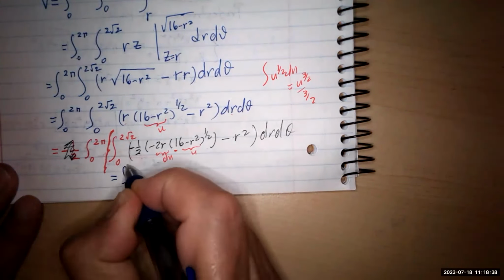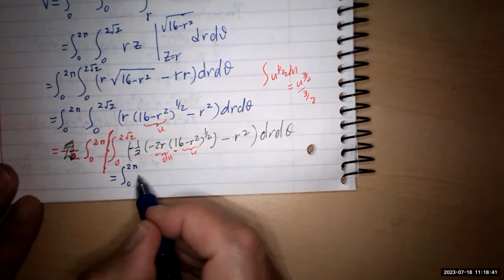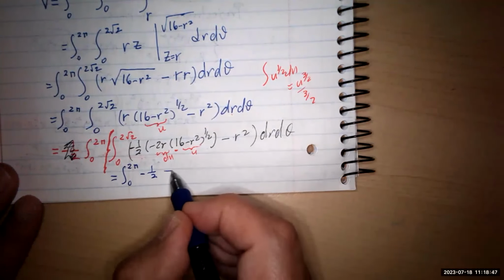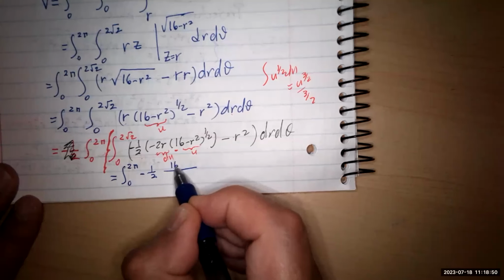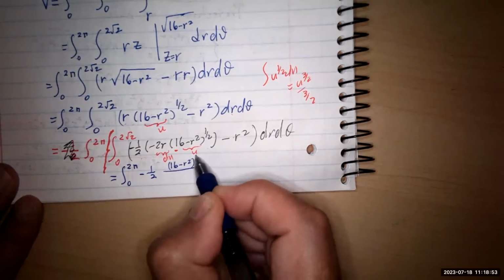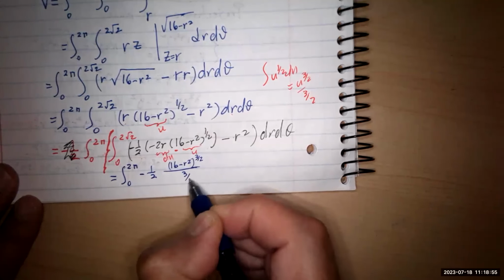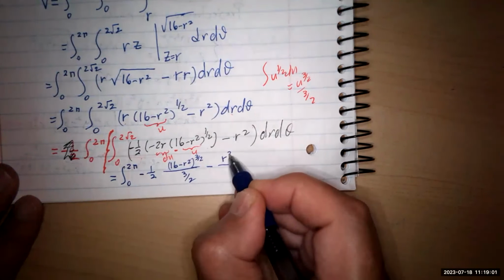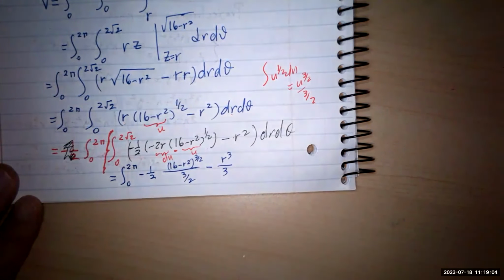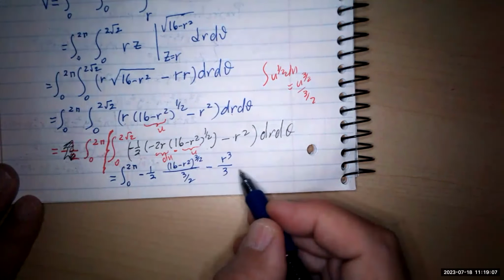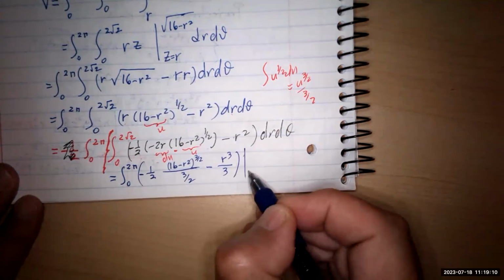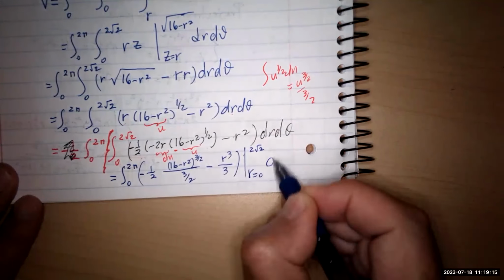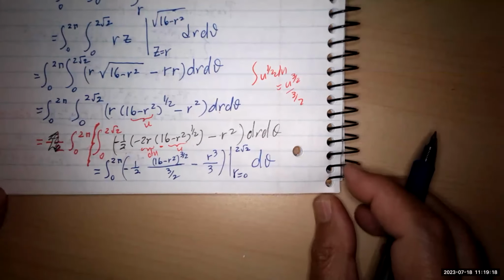We get 0 to 2 pi. This is going to be negative 1/2 for the first part, u to the 3/2 over 3/2, which is going to be 16 minus r squared to the 3/2 over 3/2. That's the first part, and this would be minus r cubed over 3. When we are done, r goes from 0 to 2 radical 2, then we get d theta.